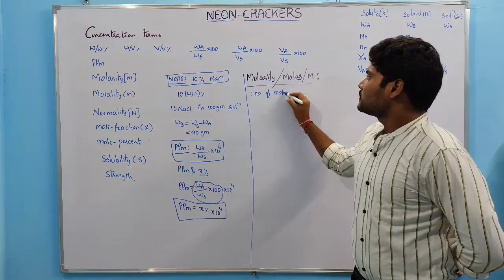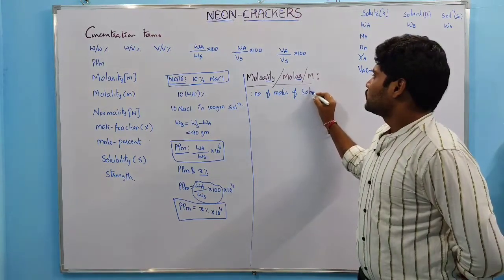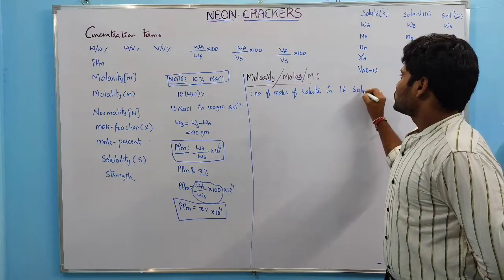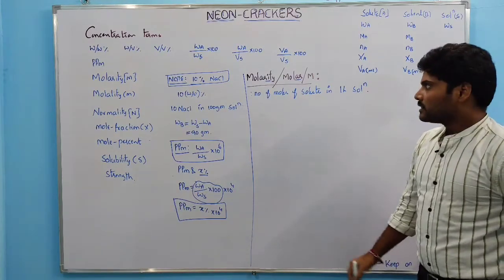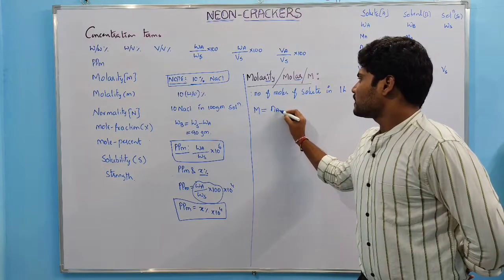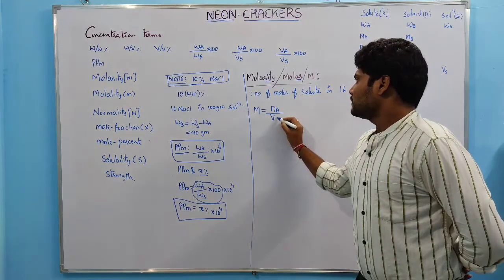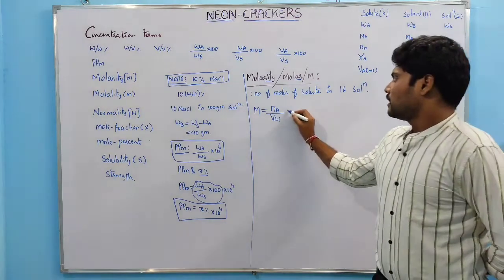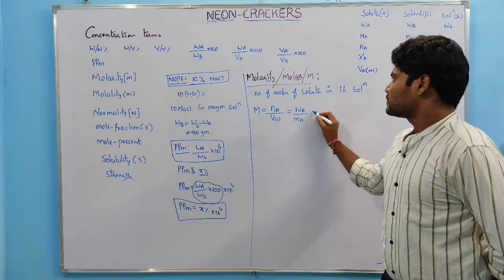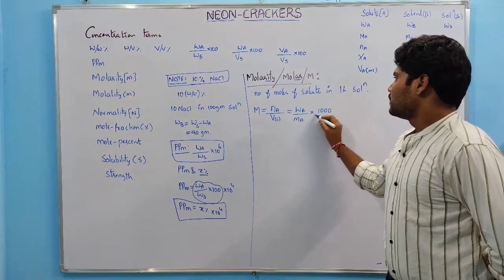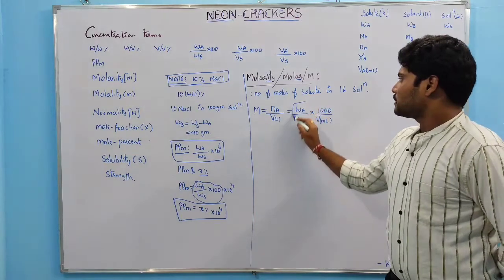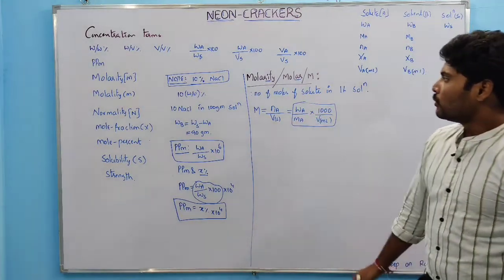Number of moles of solute that are present in 1 liter of solution. The mathematical representation: molarity equals number of moles of solute upon 1 liter solution, and number of moles can be modified as WA upon MA, the molar mass of the solute, and 1000 upon volume in mL. So this is the mathematical equation of molarity.